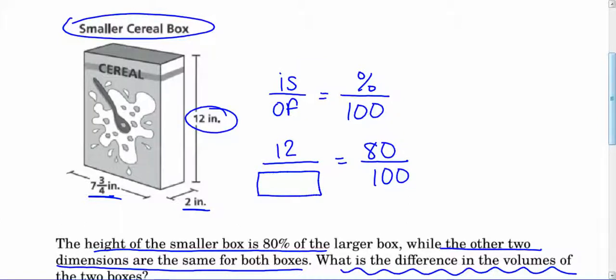So again, we're using this recipe, is over of equals percent over 100. The 100 is a given, and we know the smaller box is 80% of the larger. So we're filling in this top row.